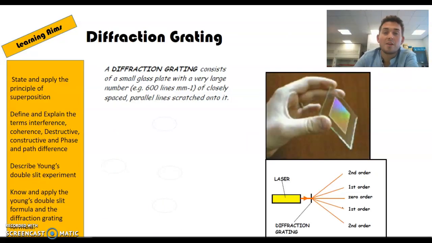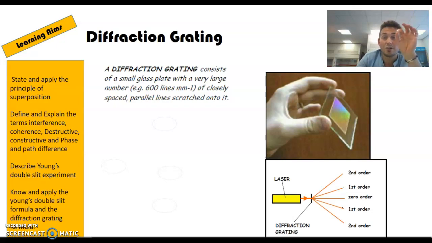Right, sorry about that. So, you also have these things called diffraction gratings, which take advantage of the effect of diffraction by putting lots and lots of lines in place, often of the order 600 lines per millimetre. So you can imagine how tightly spaced they are. They're effectively scratched into a thin glass plate.